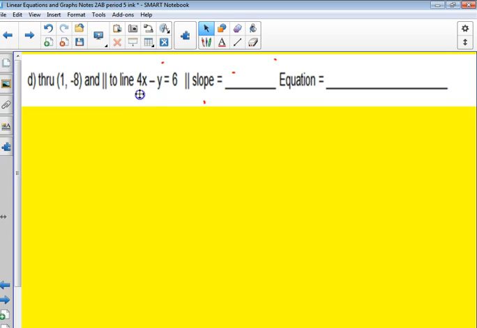All right, what do we need to do to this line to find the slope? Yeah, I would just get the y by itself, or slope-intercept form, exactly.